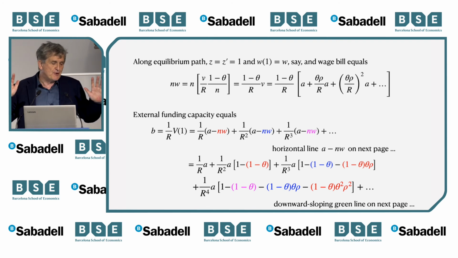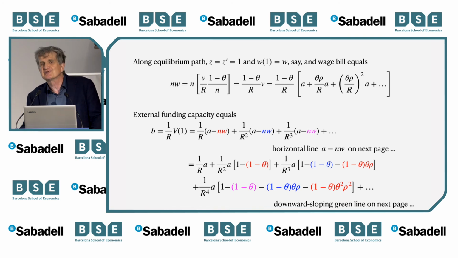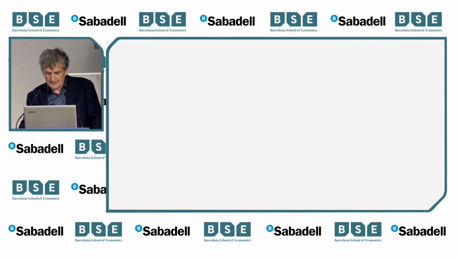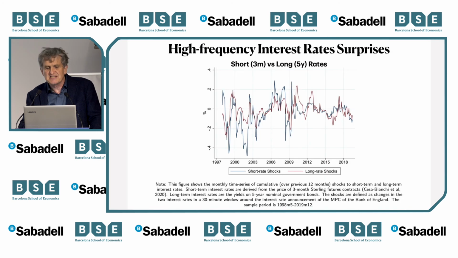Okay, now to make progress, we want to bring into this mix something completely different, which is some measure of shocks to short-run interest rates and term spreads. So what we've done is to look at a 30-minute window around Monetary Policy Committee announcements of interest rate policy, this is all UK data, and to see what happens to short rates and long rates and therefore term spreads across the 30-minute window.